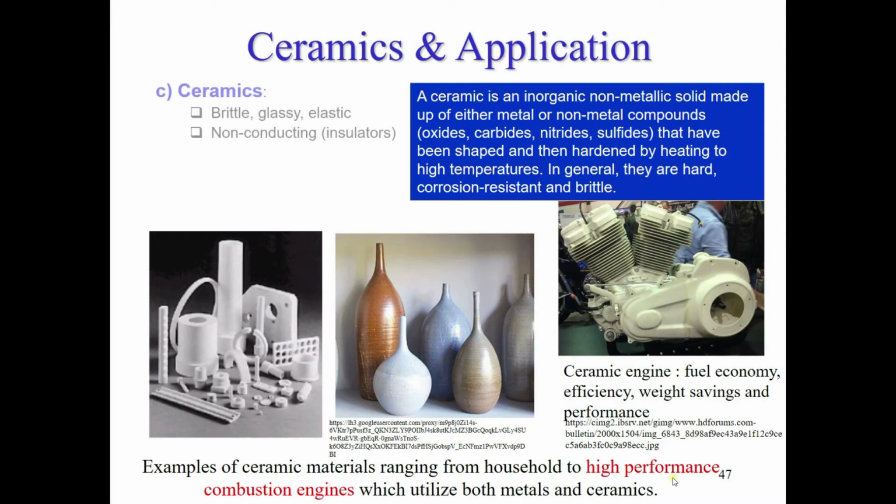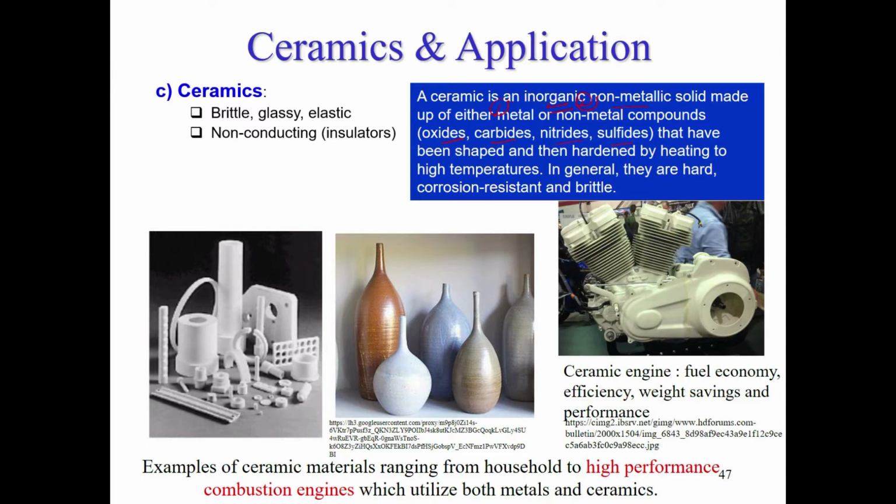Next, we move to ceramic. When polymer is mostly organic, ceramic is inorganic. It is a non-metallic solid made up of either metal or non-metal compounds such as oxide, carbide, nitride, sulfide.